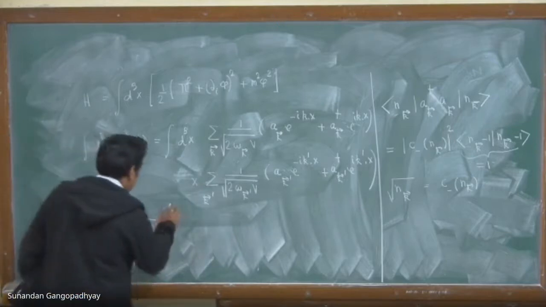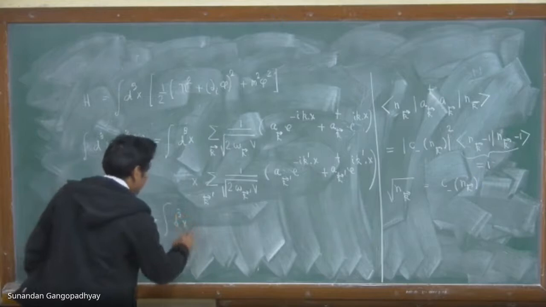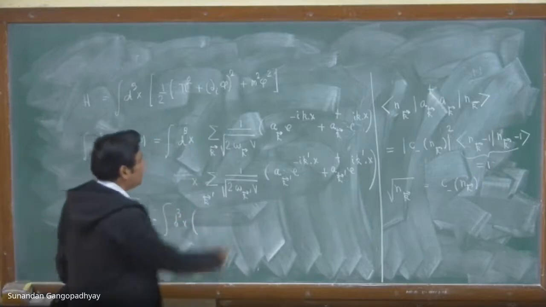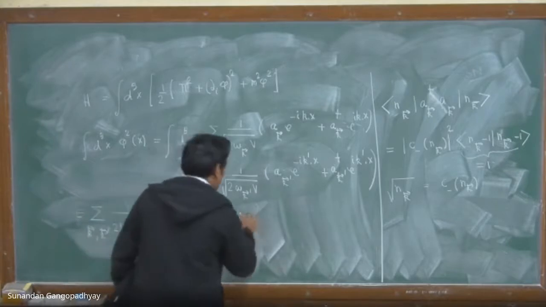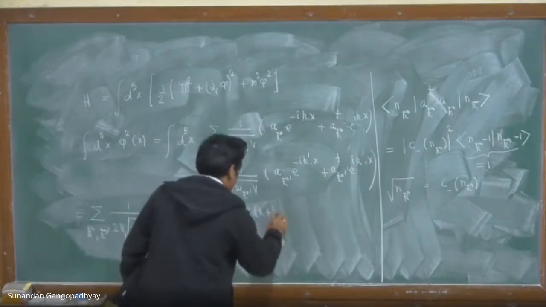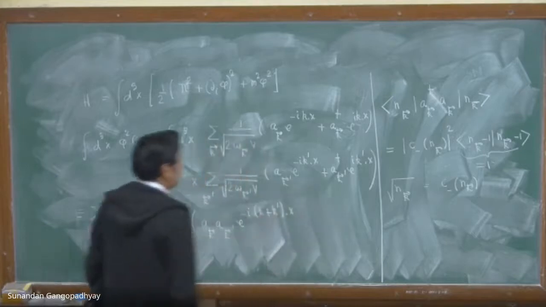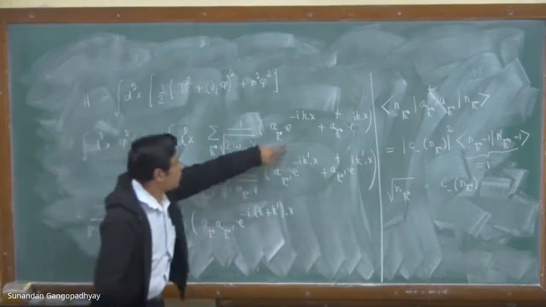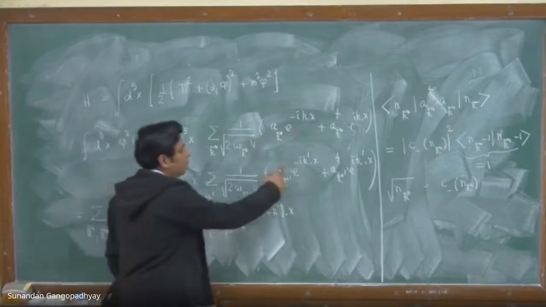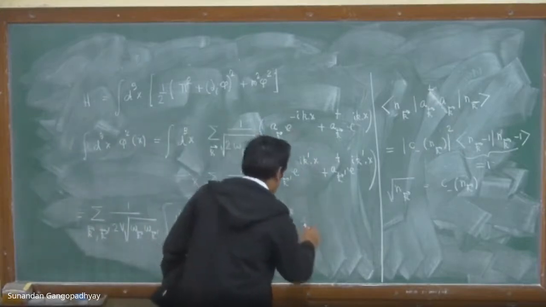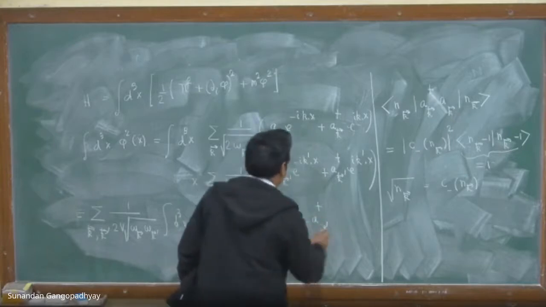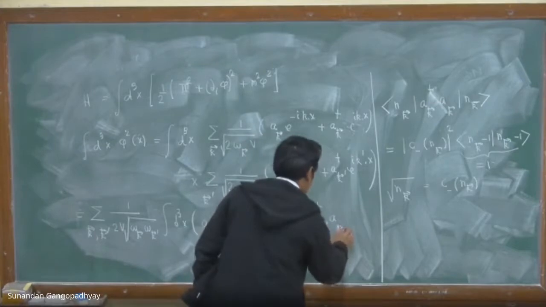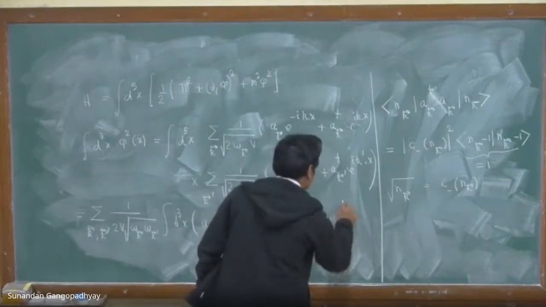Then we have the integral over x, and there are just 4 terms: a k prime to the power of minus i, this multiplied by this is the first term, and then this multiplied by this, which gives you a dagger k prime a k to the power of i.